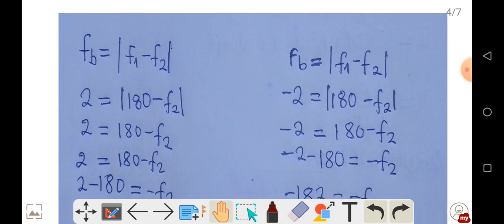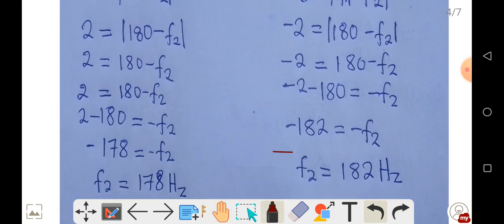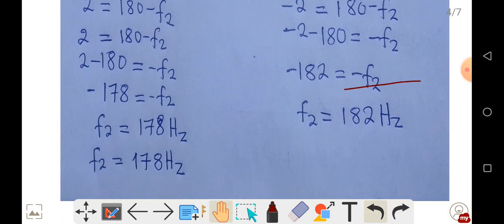This is the expression we are getting. So -2 minus 180 gives -182 is equal to negative frequency 2. When we divide both sides by -1, we get frequency 2 to be 182 Hz. So this is the frequency we have gotten.